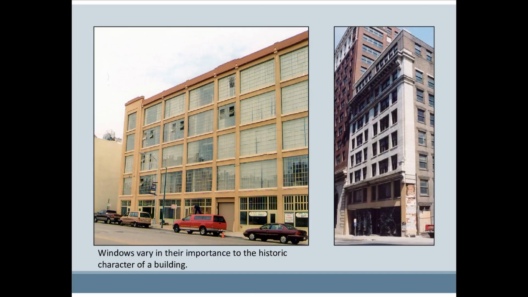Windows vary in their importance, and while windows in most historic buildings make a significant contribution to their character, all windows are not equally important to the historic character of all historic buildings. The building on the left is all about windows, while on the right, the windows on the primary facade of the building are also important.